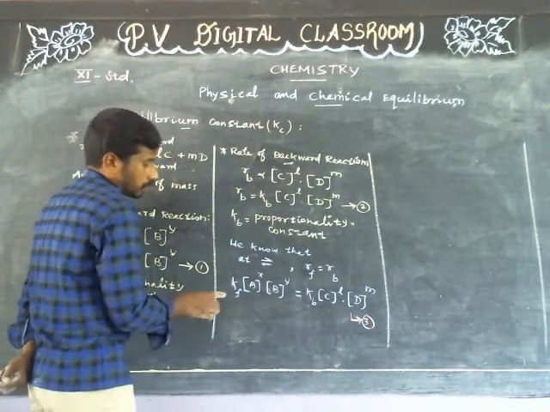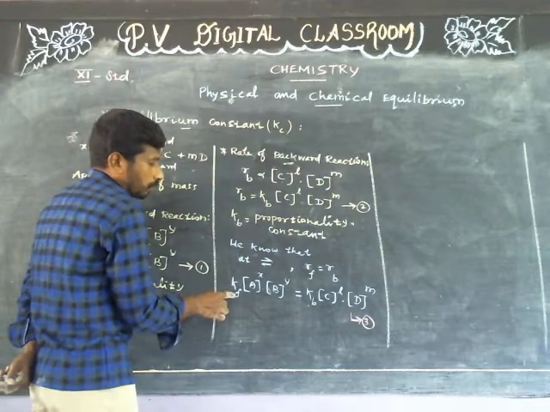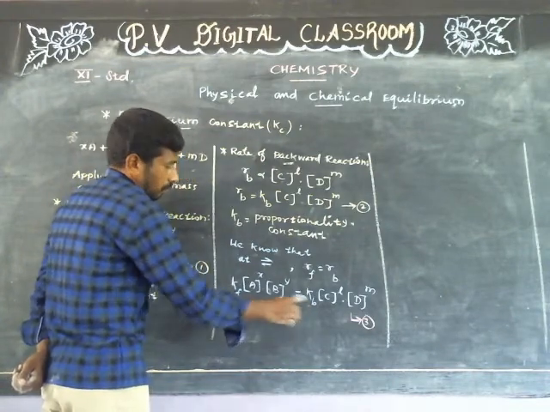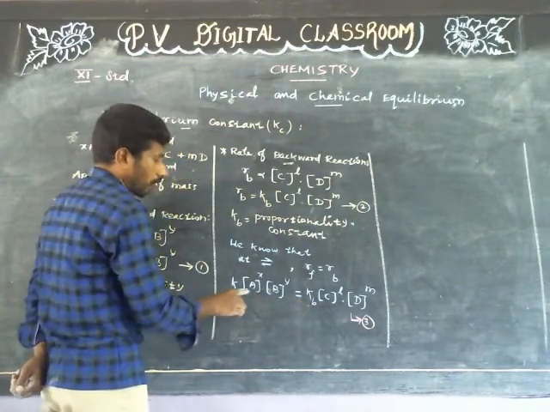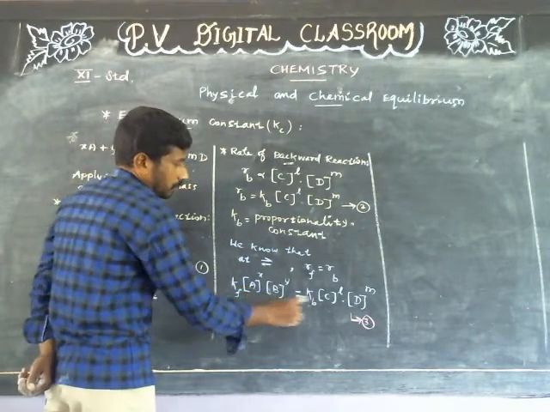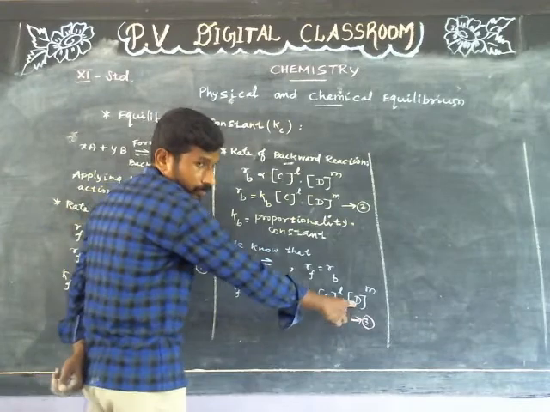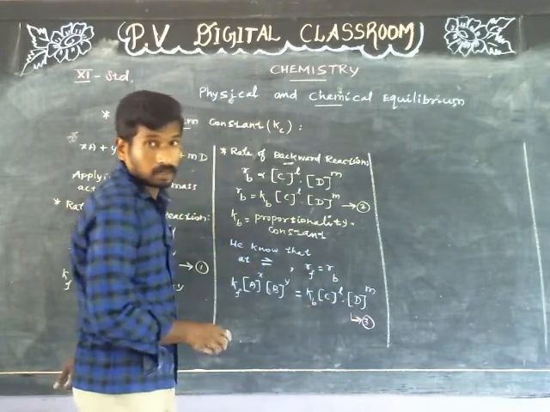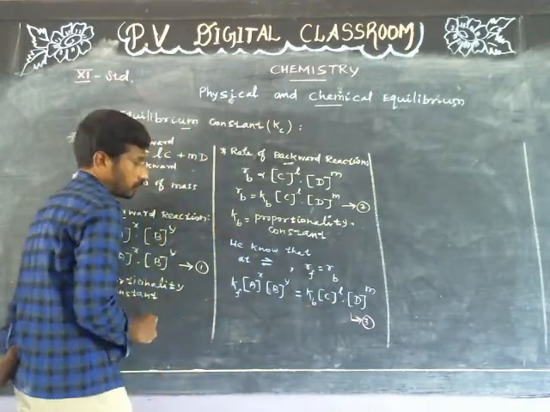In this equation, Kf and Kb terms are constants, while A, B, C and D are concentration terms.